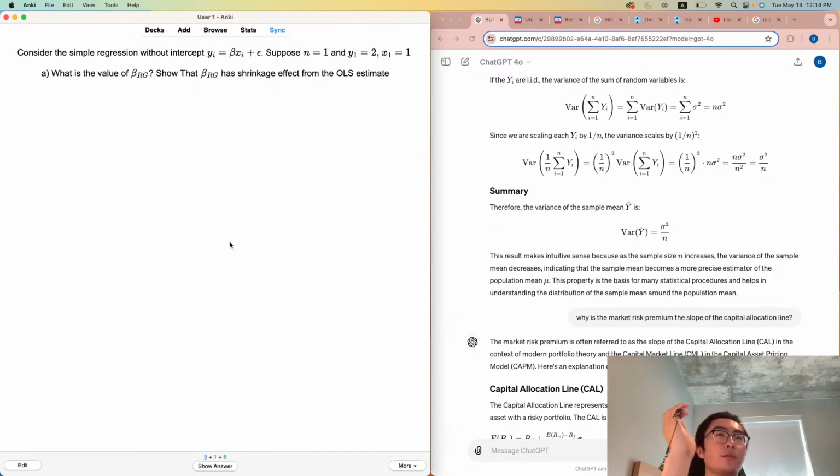So what is the value of beta ridge? In the same exact problem, ensure that it has a shrinkage effect from the OLS estimate. So beta ridge, I believe, is equal to the argmin. In this case, we're trying to minimize the same function. So you're trying to minimize epsilon, right?